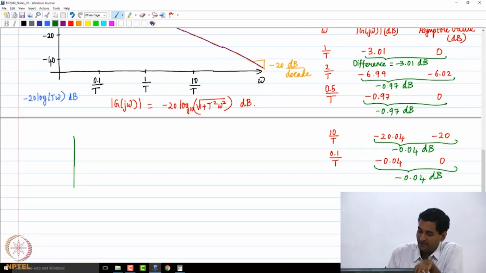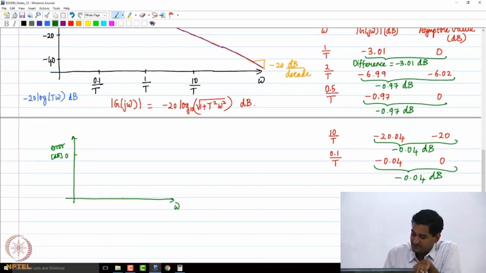So if you plot the error versus omega, this is the error in decibels. So if you have 1 by capital T, 10 by capital T and 0.1 by capital T, let's say this is minus 3.01. So you are going to have the maximum error here.